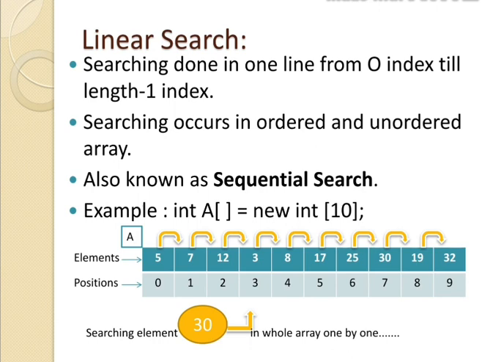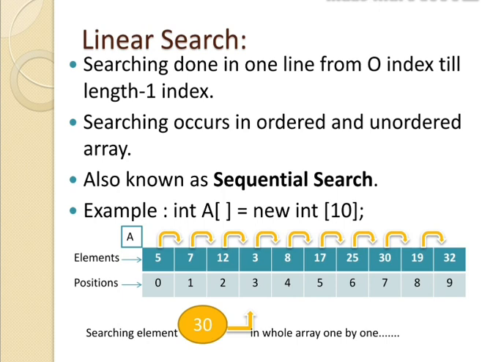And see the second point, searching occurs in ordered and unordered arrays. Sequential linear search doesn't want a particular ordered or unordered array, any order, because linear always matches each and every element present in a list. Linear never wants any particular order.